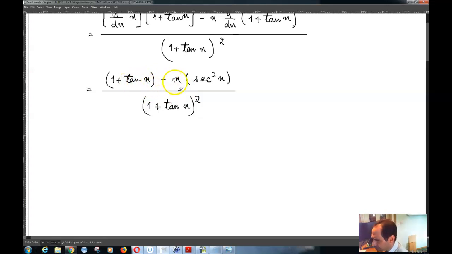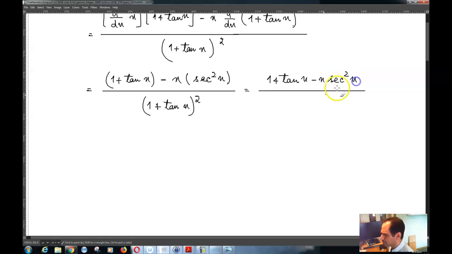So you have 1 plus tan x minus x secant squared x over 1 plus tan x whole squared. I suppose that's the answer there. So you can write it as, for example, 1 plus tan x minus x secant squared x over 1 plus tan x whole squared.